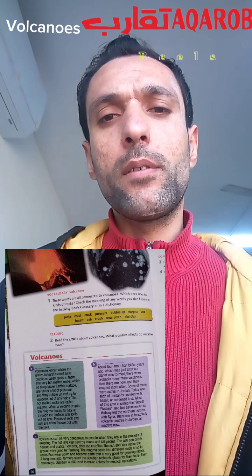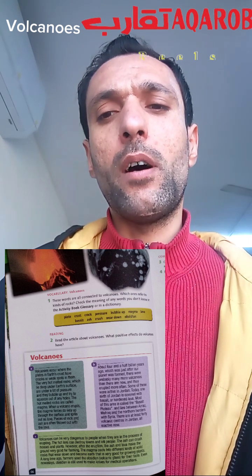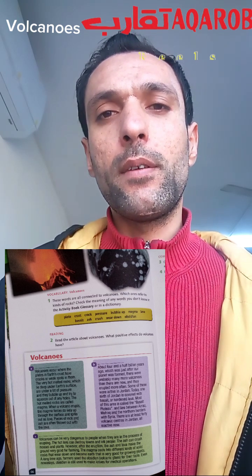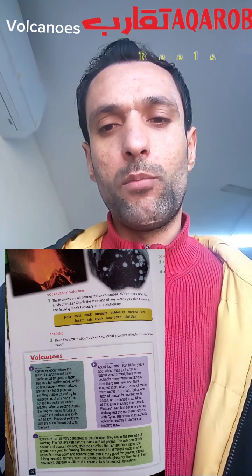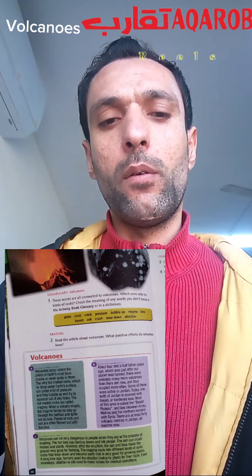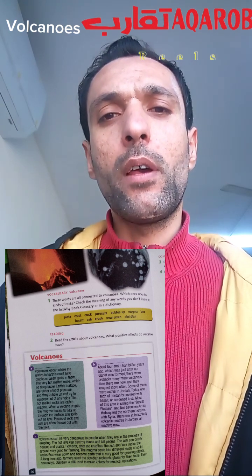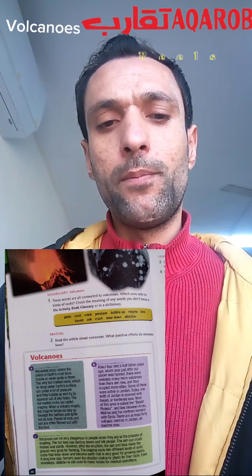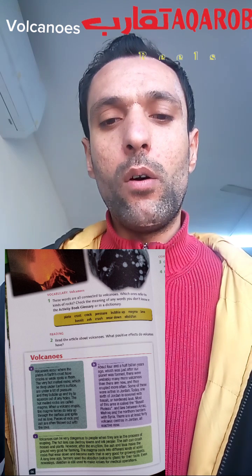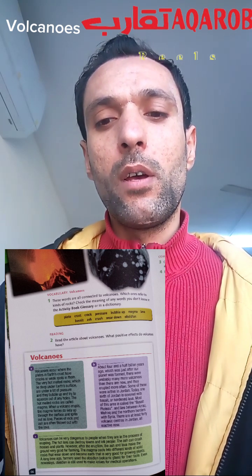So we will learn some vocabulary related to a volcano. This is a very scientific subject to talk about, which is a volcano and how a volcano erupts. So these words are all connected to volcanoes.